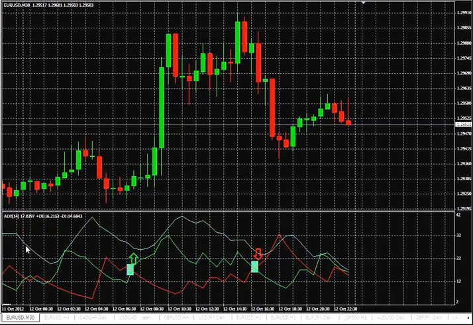Here you see the average directional index. This line with turquoise color represents the index.